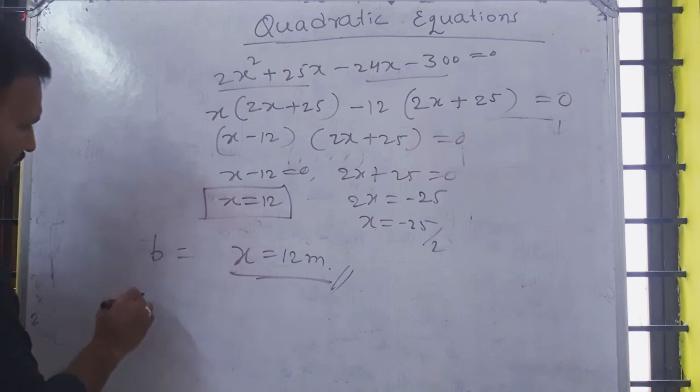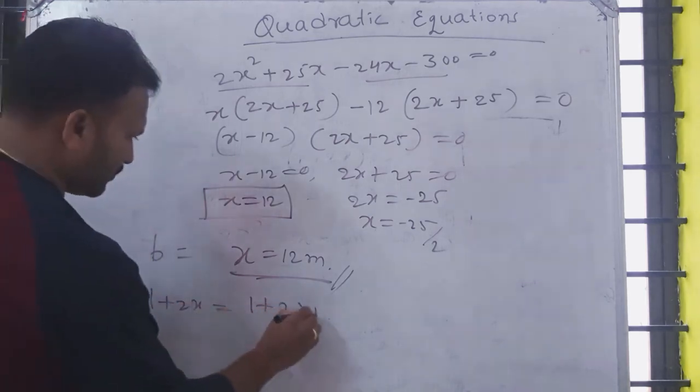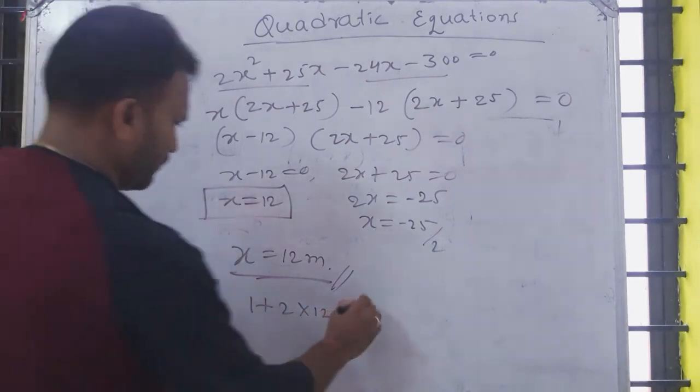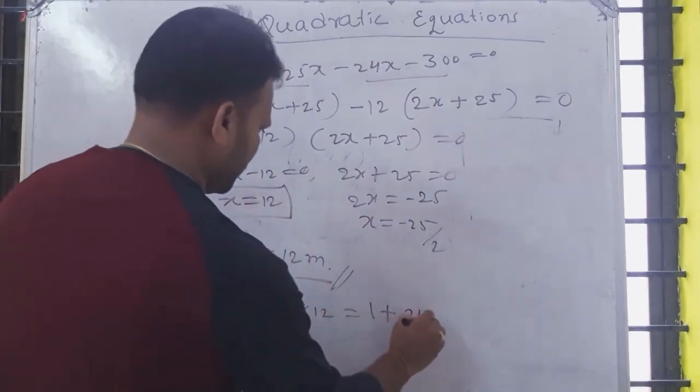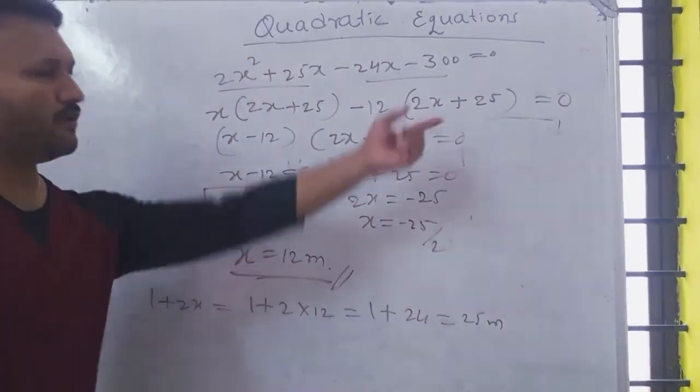And the length we know is 1 plus 2x, that is 1 plus 2 into 12, that is 1 plus 24, that is 25 meters. So this is how it can be calculated.